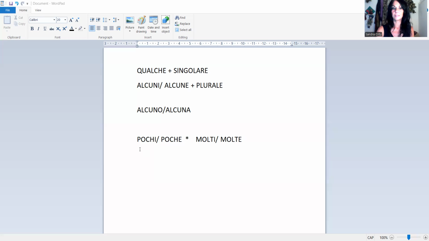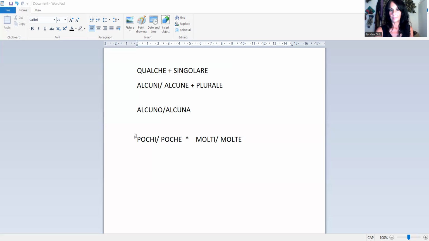So do not translate a few times a week with poche in this case, because times would be feminine. Don't use this one, because pochi and poche mean a few in the sense of a small number. It doesn't mean some in the same way that in English you can use few, like if I say a few days a week I do whatever, or alcuni giorni alla settimana or qualche giorno alla settimana. That should be the translation for some or a few in English.